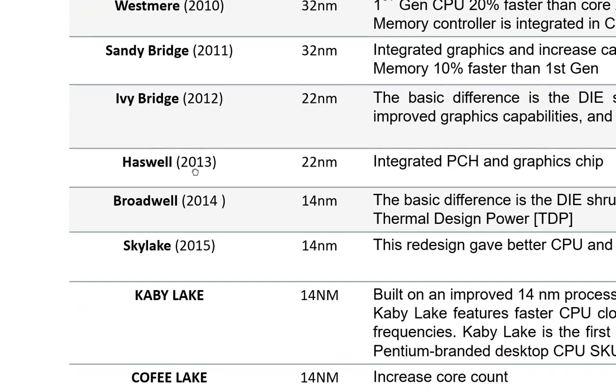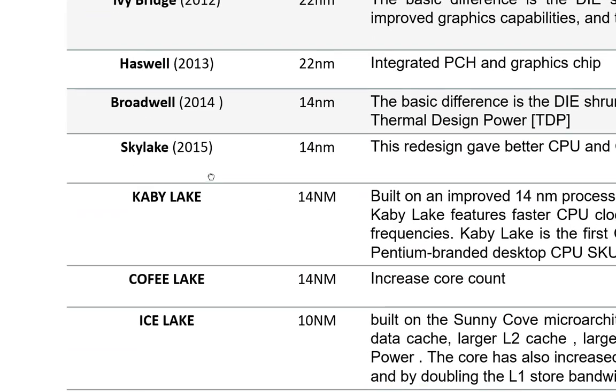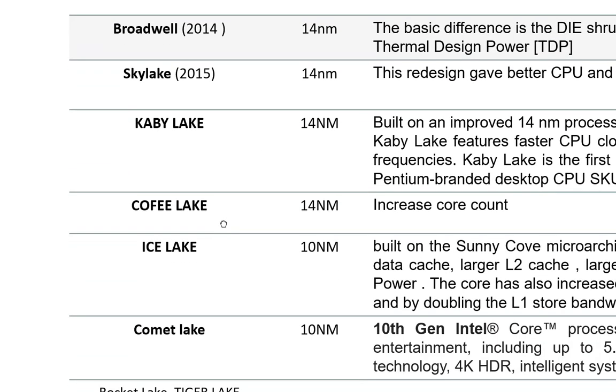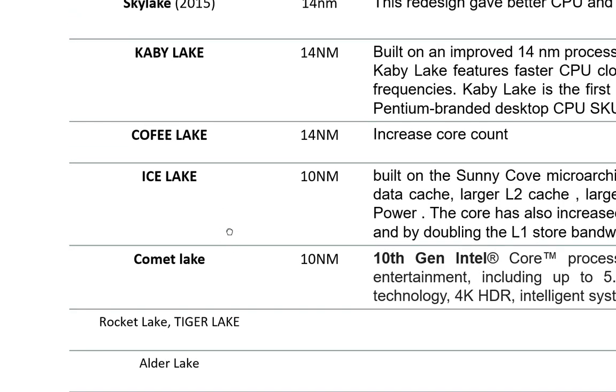Then Haswell, then Broadwell, then Skylake, then Kaby Lake, then Coffee Lake, then Ice Lake, then Comet Lake, then Tiger Lake, Rocket Lake, and the last is Alder Lake, which is the 12th generation. Each generation of CPU has different improvements, such as TDP, increased speed, increased number of cores, increased number of threads, and increased cache memory. This improvement goes on day after day, and that becomes the generations.